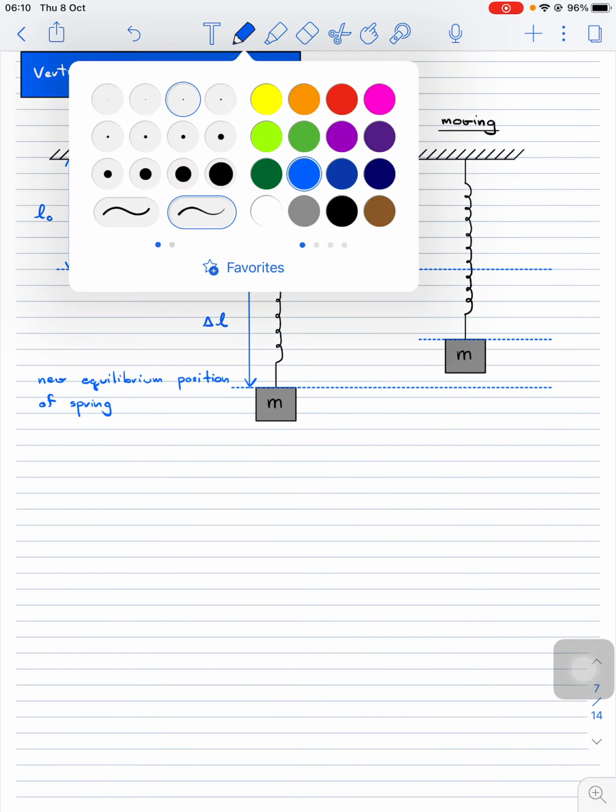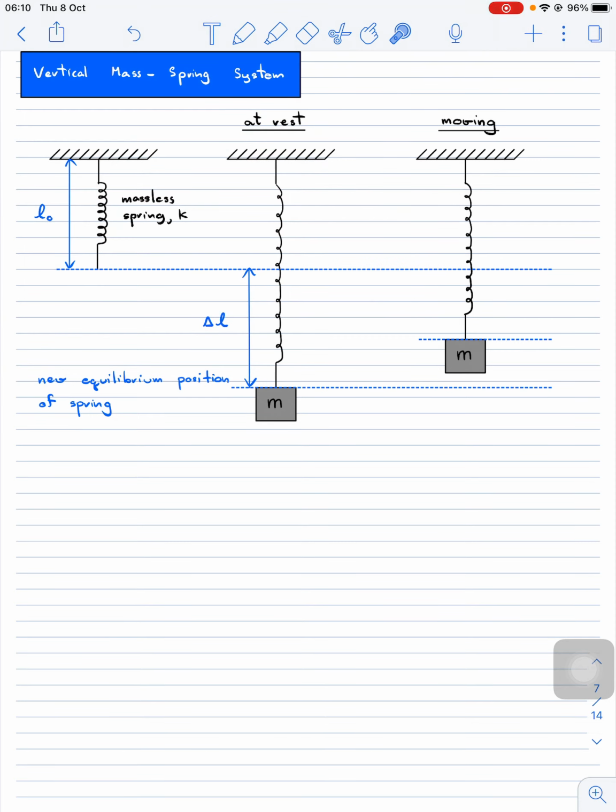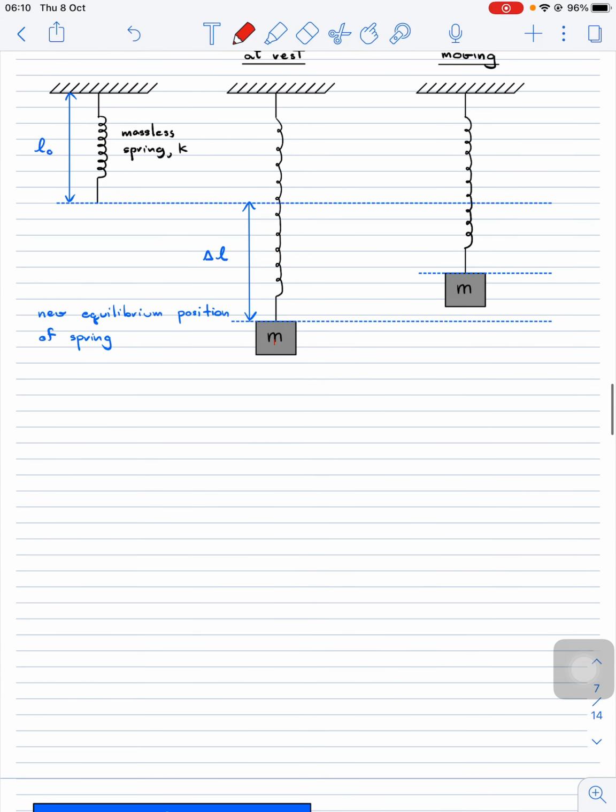And then moreover, if we write down the free body diagram of the block m, you can see that we have mg going down, and then we must have the returning force of the spring going up, right? The returning force of the spring here must be equal to k times delta L. It just comes from kx, but now this x is the extension equal to delta L here.